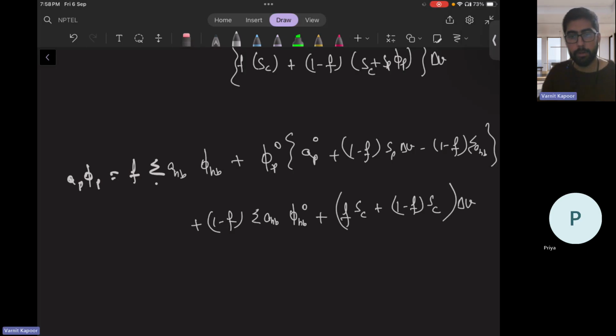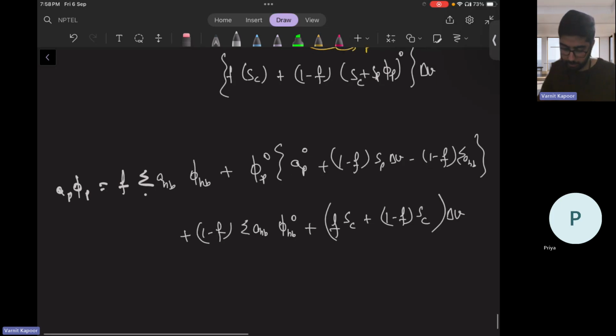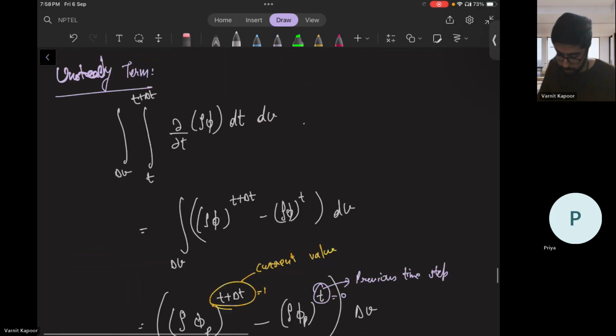Okay, when you put and rearrange all these terms, you will get your equation like this. We will do further things also, maybe in the next tutorial.